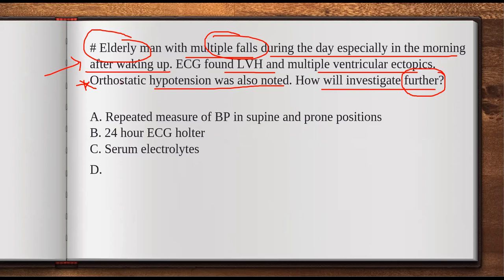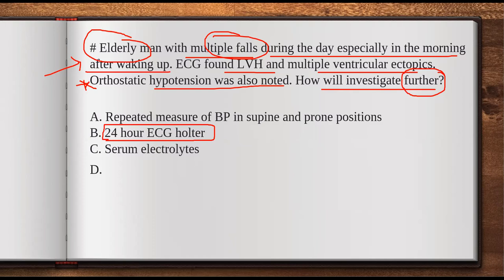But they are asking, you already found postural or orthostatic hypotension, how are you going to investigate further as to why this patient is having falls? Is there any other reason? How can you find it out? By doing a 24-hour Holter monitoring.